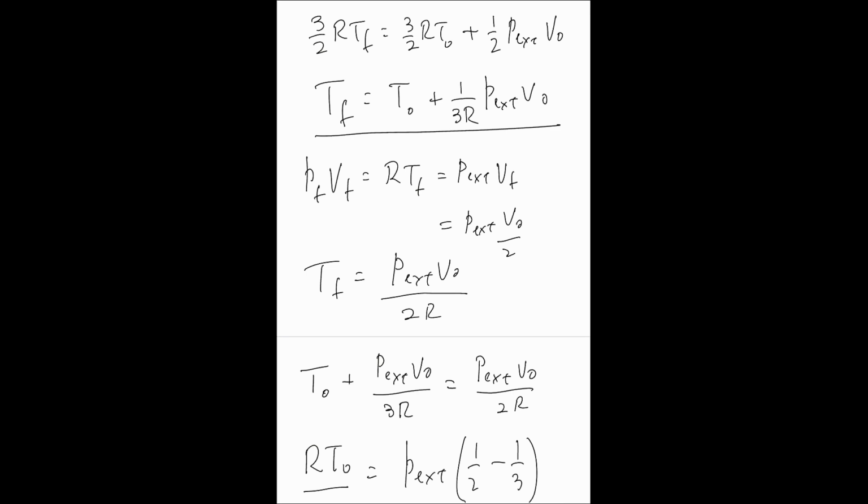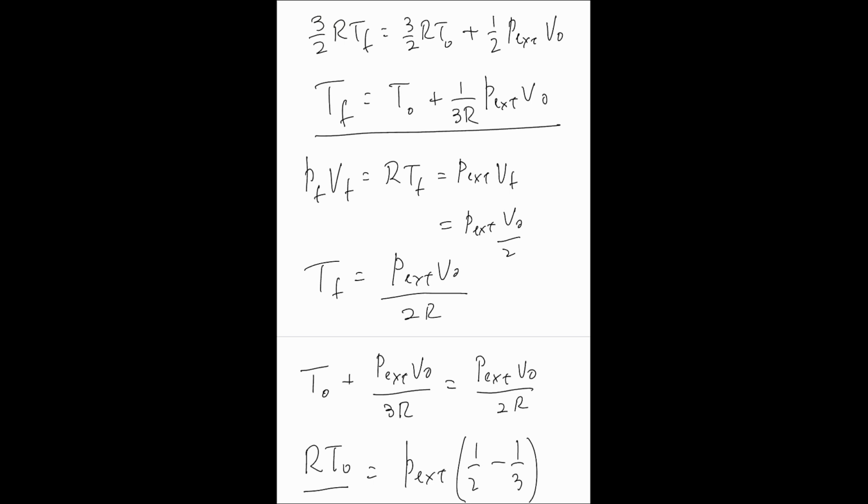We used one of the equations of state, U is 3/2 RT, and we used the first law, conservation of energy. Now I'm going to use the ideal gas law, PV equals RT. And so P_F V_F equals RT_F. And there's that T_F I'm trying to get.